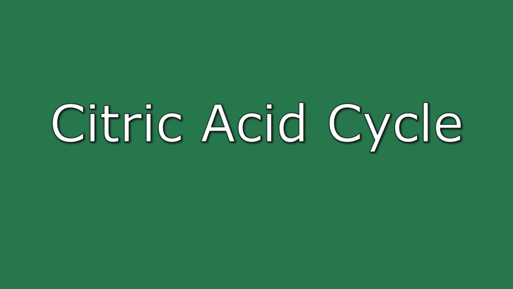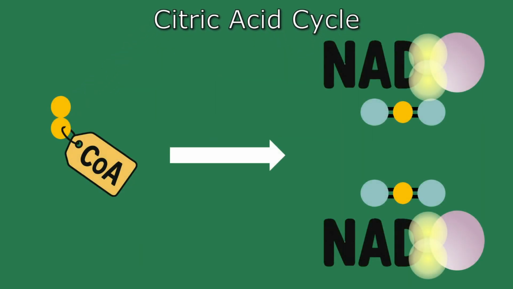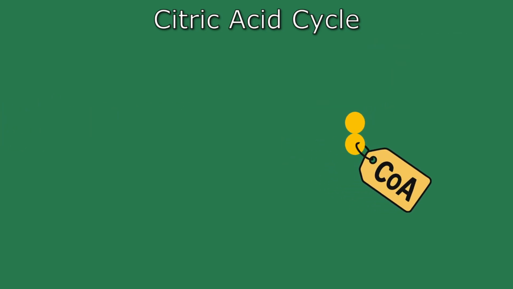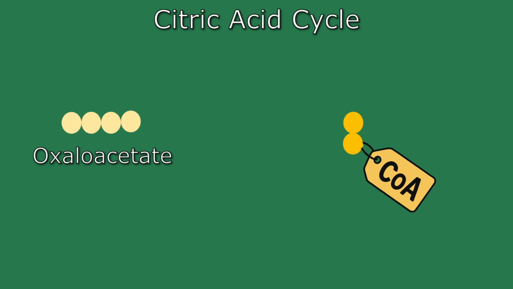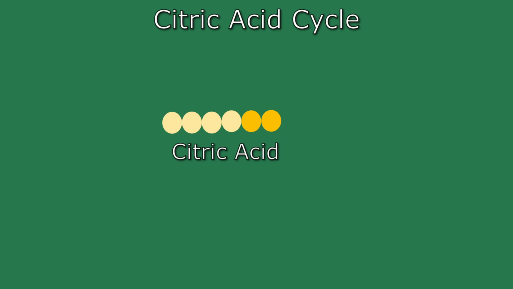The citric acid cycle's job is to oxidize the last 2 carbons of acetyl-CoA to CO2, producing NADH. To start that process, those 2 carbons are passed to a 4-carbon molecule called oxaloacetate. You don't need to know the name, but I'll use it for clarity. Combining them yields a 6-carbon molecule called citric acid, hence the cycle's name.